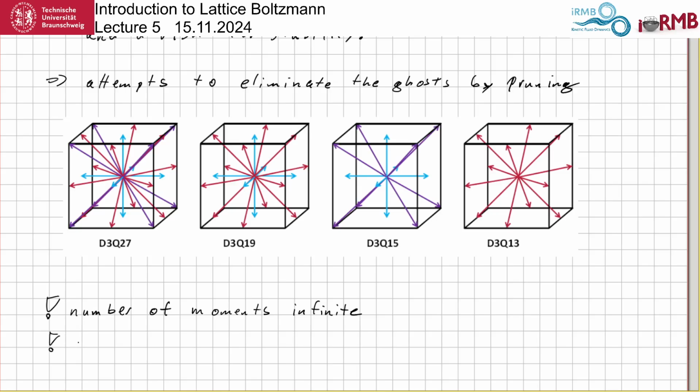The number of independent moments is always linked to the number of velocities that we have, equal to the number of lattice speeds.